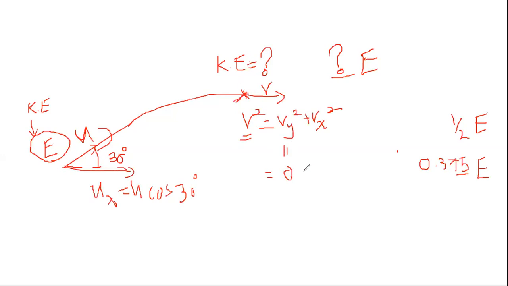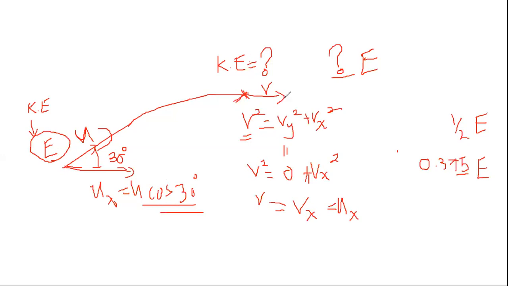No vertical velocity, so only Vx is alive. Therefore, at the top, the actual velocity v is the same as Vx, which is the same as your Ux. So the velocity at the top is actually U cos 30.